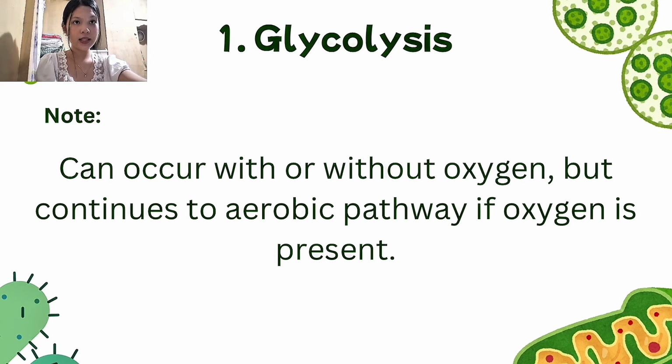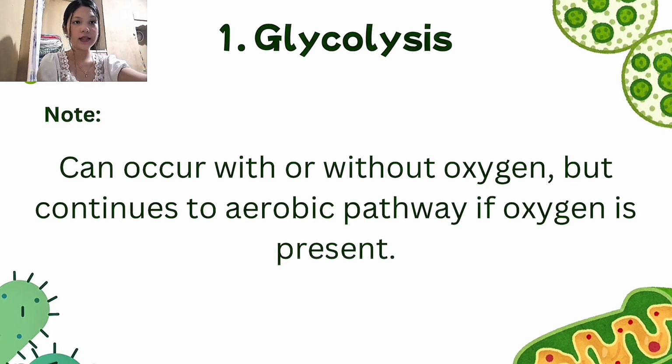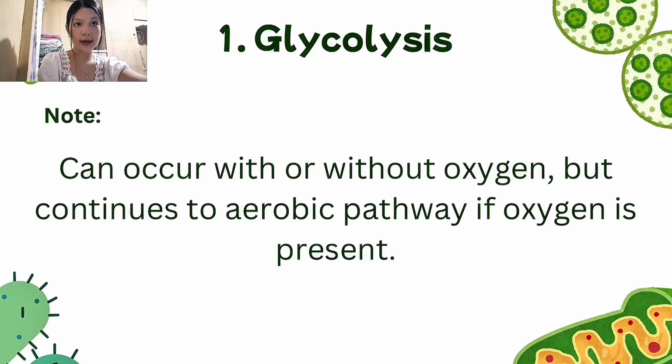Without oxygen, cells rely on it for minimal energy, and with oxygen, pyruvate enters the mitochondria for much larger ATP production. So, glycolysis is basically the gateway step, small energy now, but critical for fueling the rest of respiration.